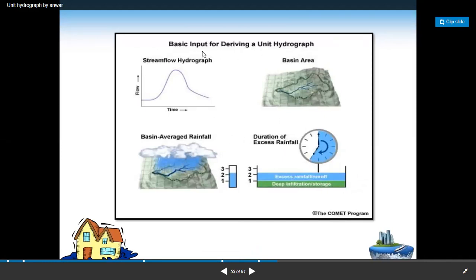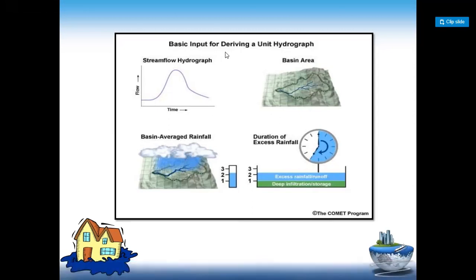These are all the basic inputs for deriving the unit hydrograph. For example, if anybody asks you what the basic inputs for deriving a unit hydrograph are, you have to state the stream flow hydrograph, the basin area, the basin average rainfall, and the duration of excess rainfall.